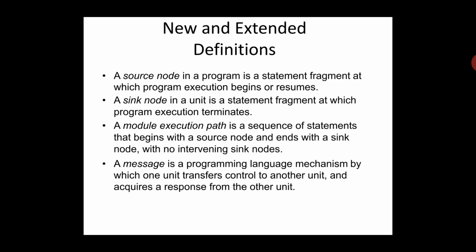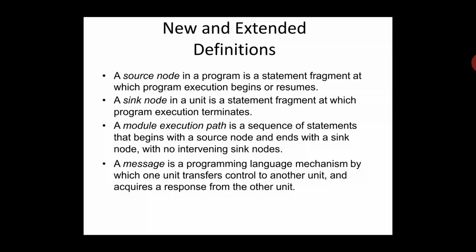So source node is the first node, and sink node is the last node. A module execution path is a sequence of statements that begins with a source node and ends with a sink node with no intervening sink nodes. If no sink node comes between the source node and sink node, that whole path is considered a module execution path.